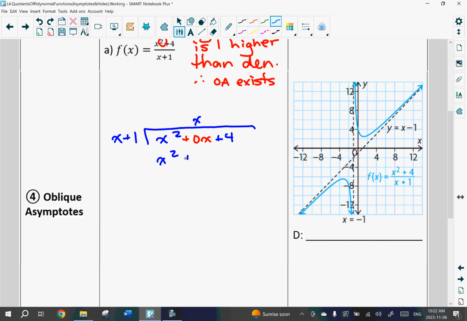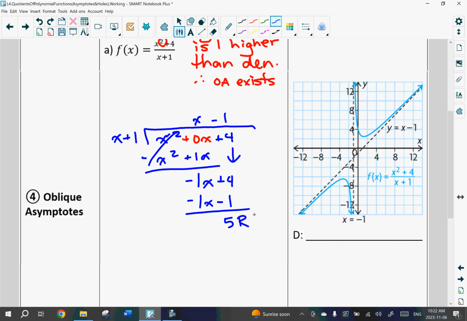You just know I like long division better because I can see it. 0 minus 1 is negative 1x, so then I'd have to put a negative 1 up there, negative 1x, positive 4, that's going to give me a negative 1. There's going to be a remainder here. 4 minus negative 1 is a positive 5 remainder.